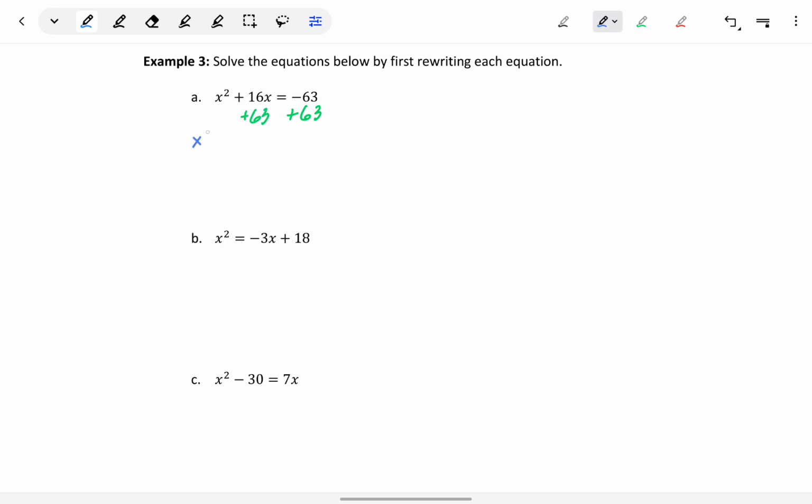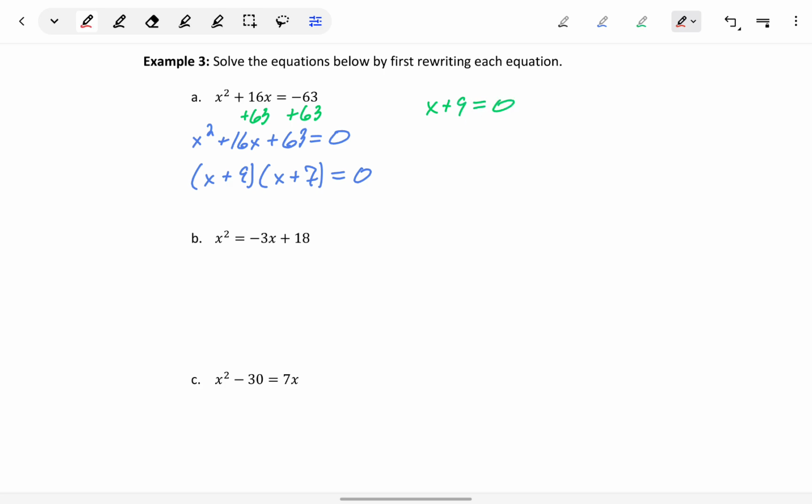And that will allow us to rewrite this equation as x squared plus 16x plus 63 is equal to 0. We'll be able to factor this as x plus 9 times x plus 7, still set equal to 0, and that will give us our two equations to solve.